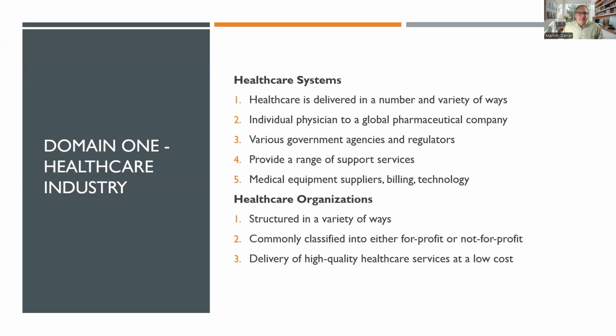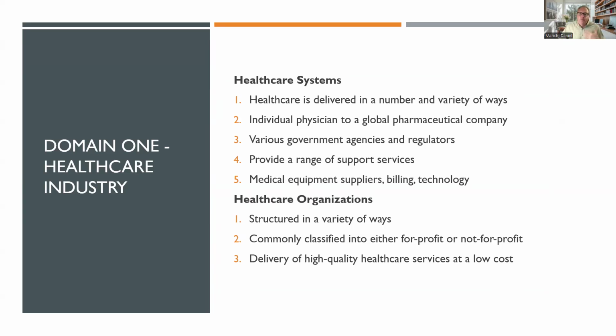Okay. So domain one, healthcare industry, right? So this one starts off with healthcare systems. It kind of defines that there's a number and variety of ways for healthcare to be delivered, whether it's from an individual physician to a global pharmaceutical company, government agencies, regulators, at all different levels, local, state, federal, international.